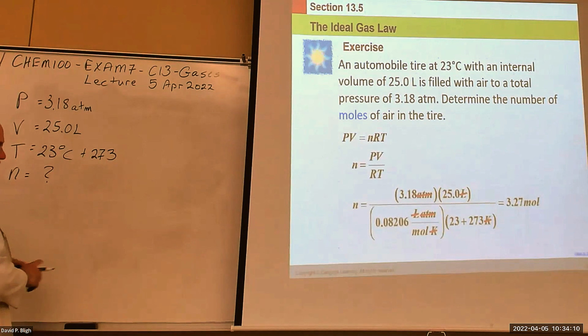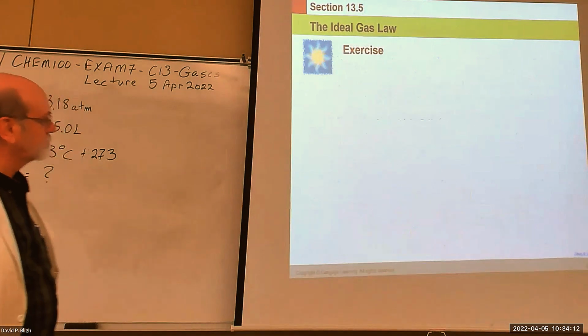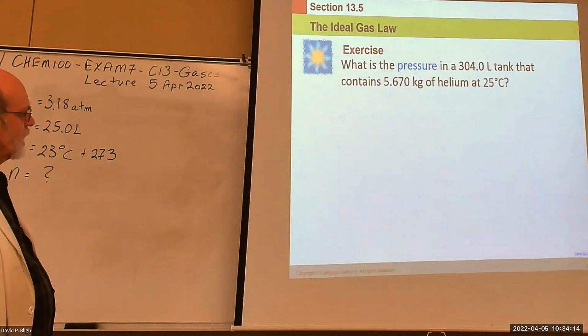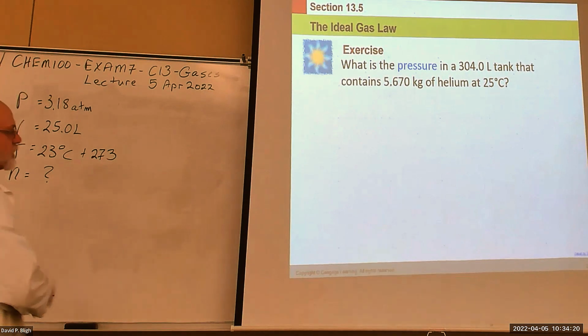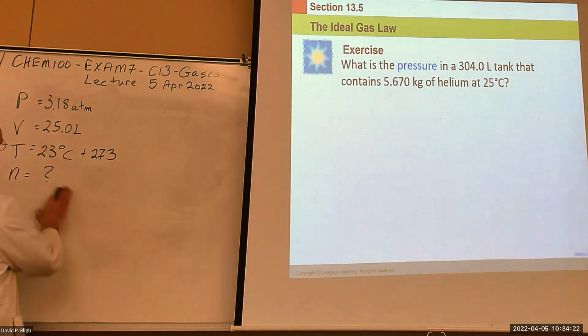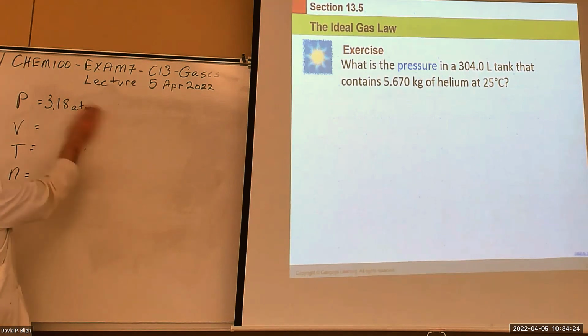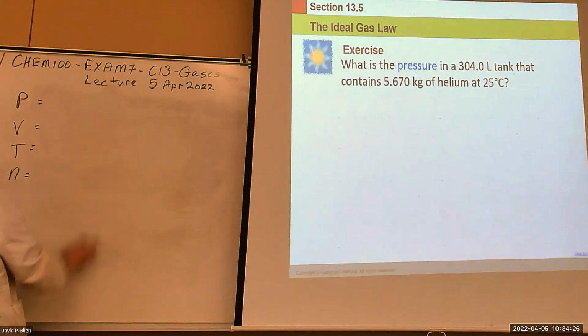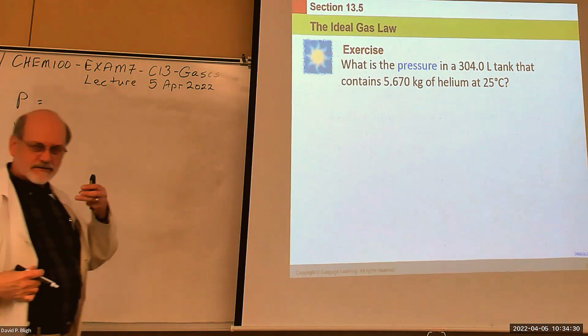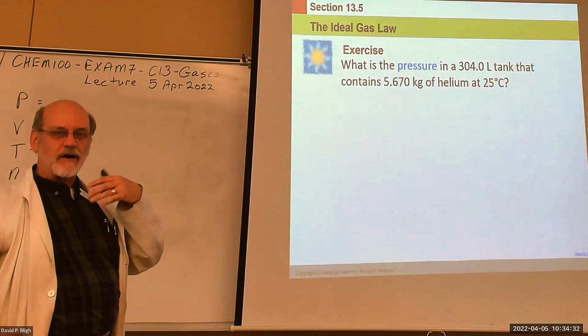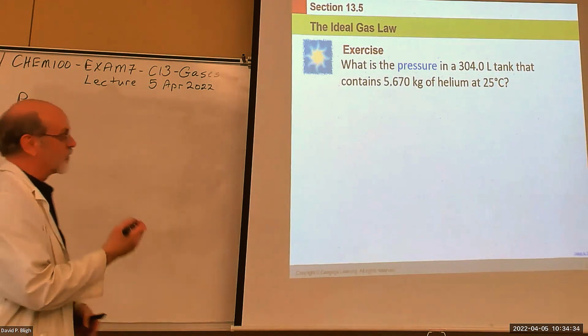Okay, let's see. We got another one. Oh, okay. What's the pressure in the 304-liter tank? So this method is helpful also to help you map out a procedure for solving the problem.